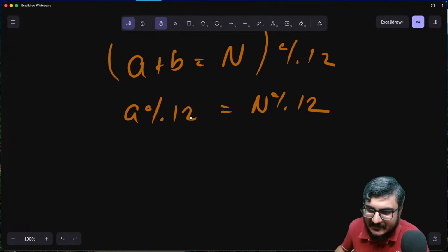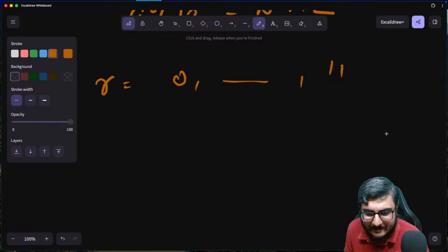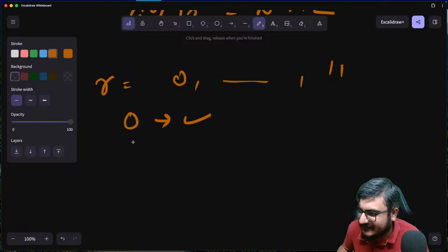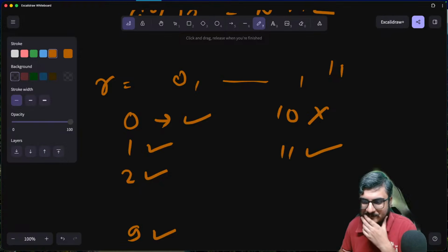Now, what are the possible values of r over here? R would be somewhere between 0 up to 11, right? And the key idea is 0 is a palindrome, 1 is a palindrome, 2 is a palindrome, 3 up to 9 is a palindrome. 10 is not a palindrome, 11 is again a palindrome.